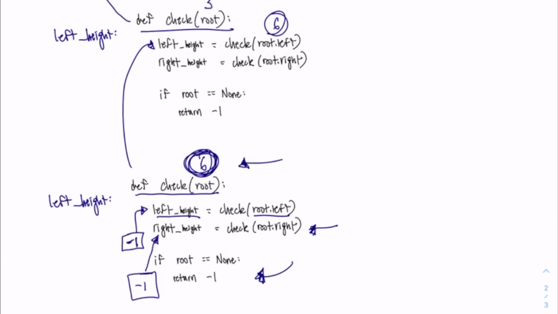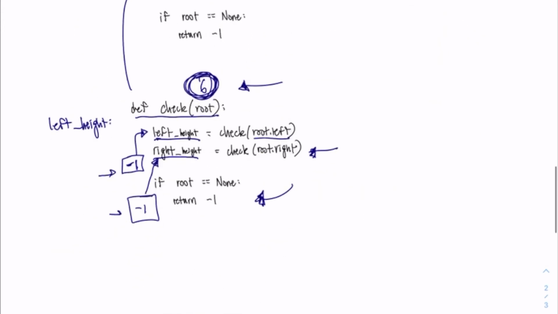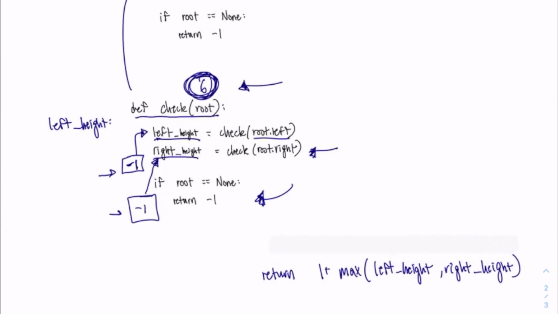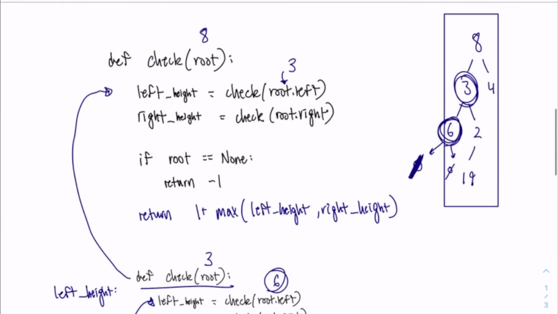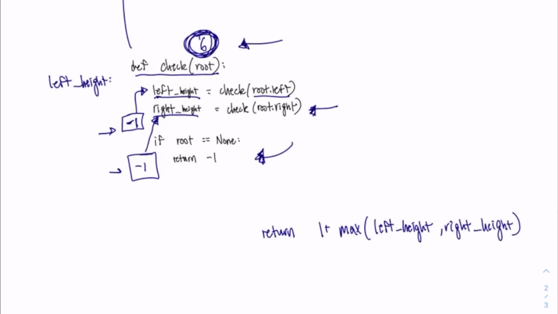And now that these two return values have actual values assigned to them, we can use this return statement, and we can find the height of 6. We can do this because left height and right height, which are the only variables in this statement, are defined as -1 and -1.